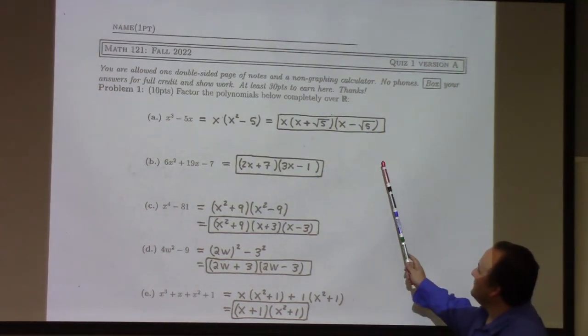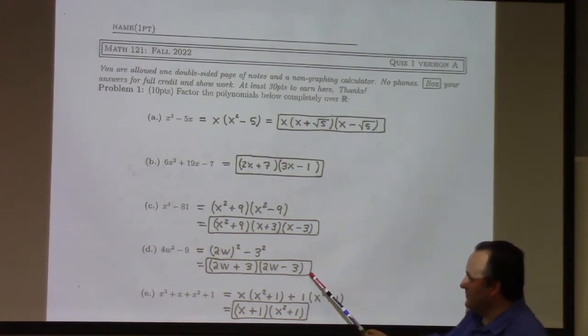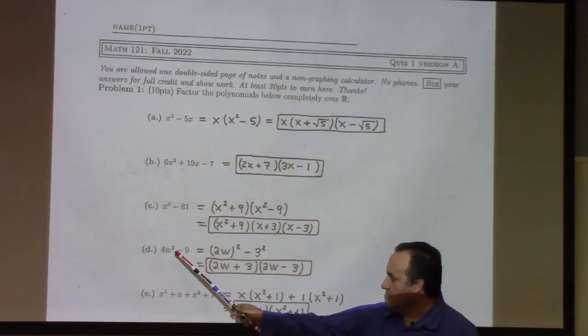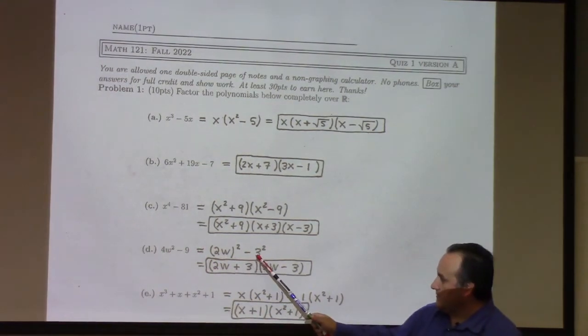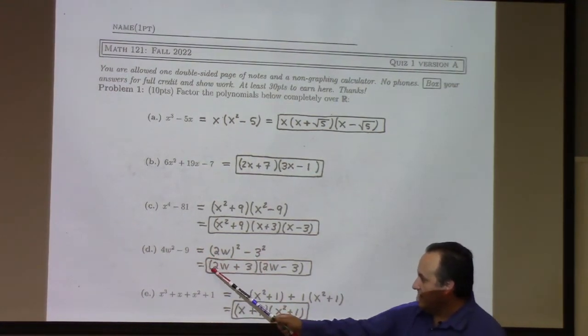All right, anyway. So you were asking about letter D? So the way to look at it is difference of squares. So 4w squared is 2w squared. 9 is 3 squared. So I can factor like that.